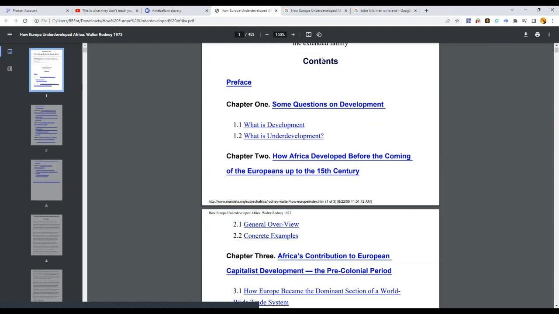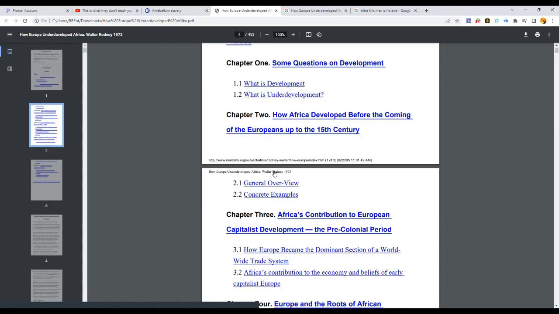Let me repeat that again, nice and clear. How Africa developed before the coming of the Europeans up to the 1400s. If you know about centuries, the 15th century means it was the 1400s. So, Africa developed all the way up to the 1400s.